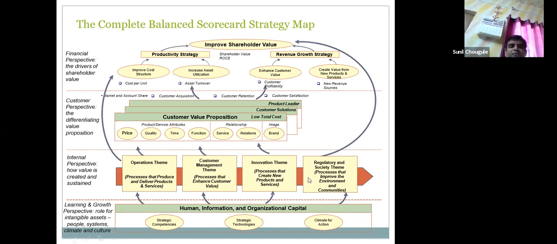Customer perspective, the differentiating value: what customer value do we have? Price, quality, time. These are all product attributes. Relationship with customers has service and relations, and image has brand. What image do I hold for Splendor Plus, Royal Enfield, City 100 or City 110? Then there are many other bikes available in the market.